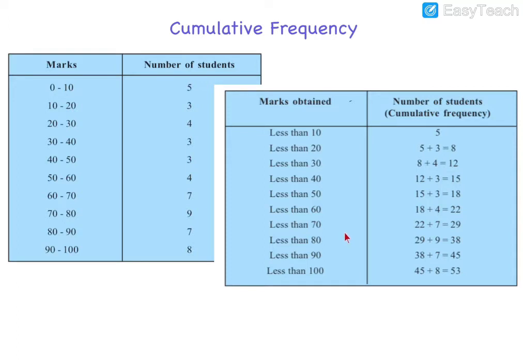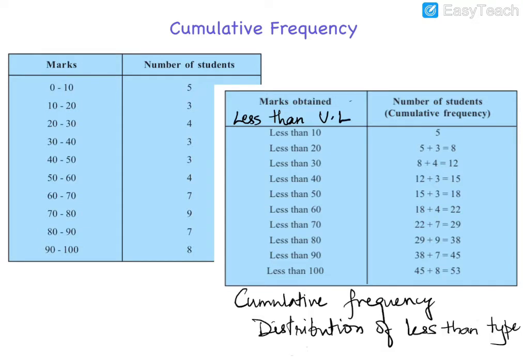This distribution is called cumulative frequency distribution of less than type. Notice that these numbers 10, 20, 30, 40 and so on are the upper class limits. So in this distribution we are writing less than upper class limit. In the same manner we can write the cumulative frequency distribution of more than type.